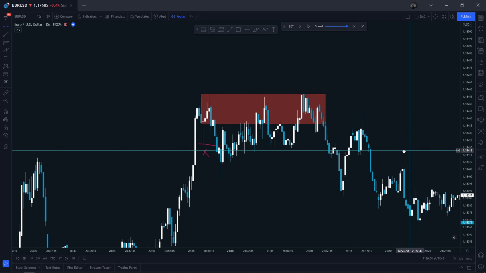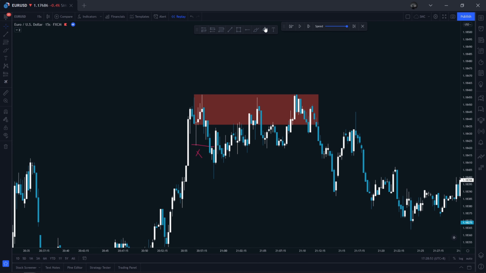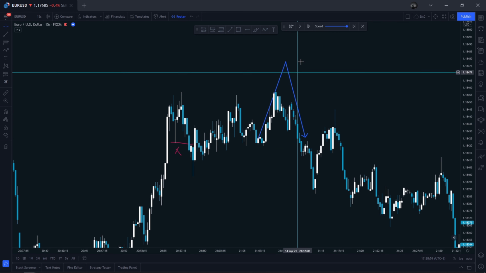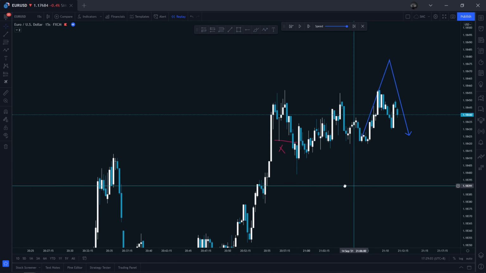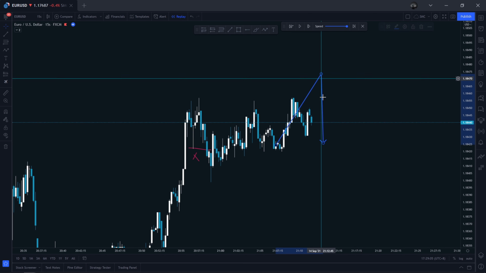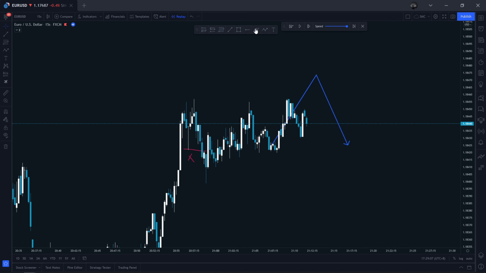If price broke this higher, then I might look at it. Let's say I took a loss, so price shot up to this point. Basically we took a loss here because we had our stop here.